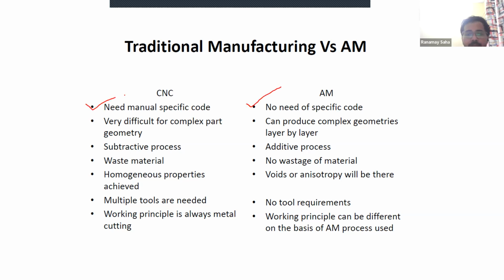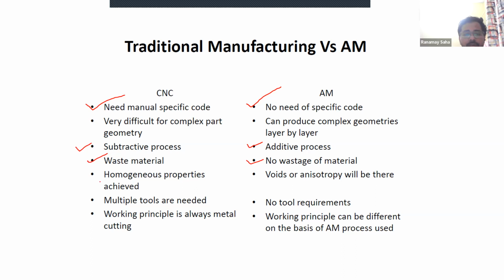CNC is very difficult for complex part geometry, whereas additive can give rise to complex geometries in a layer by layer manner easily. CNC is a subtractive process, while in an additive process, material wastage is almost not there.